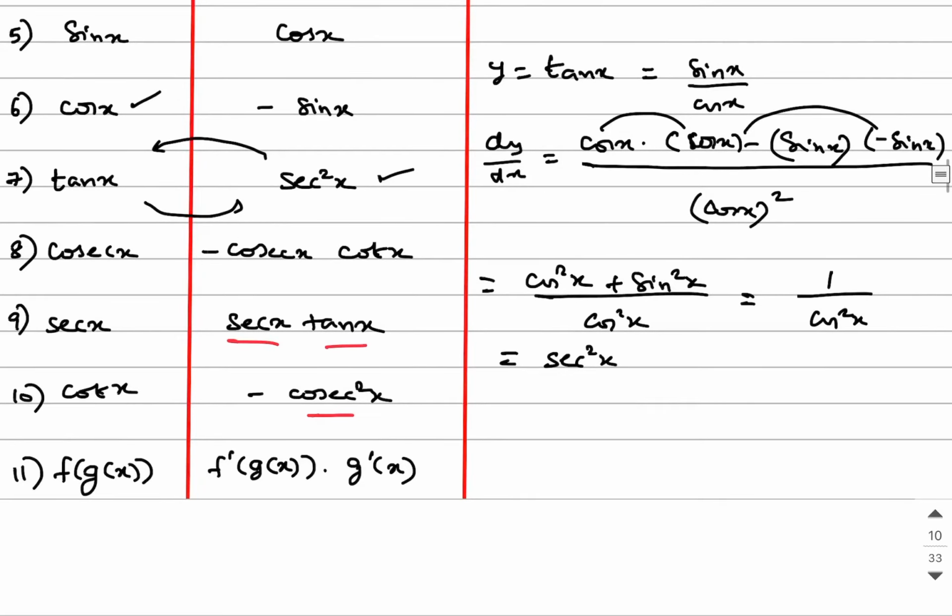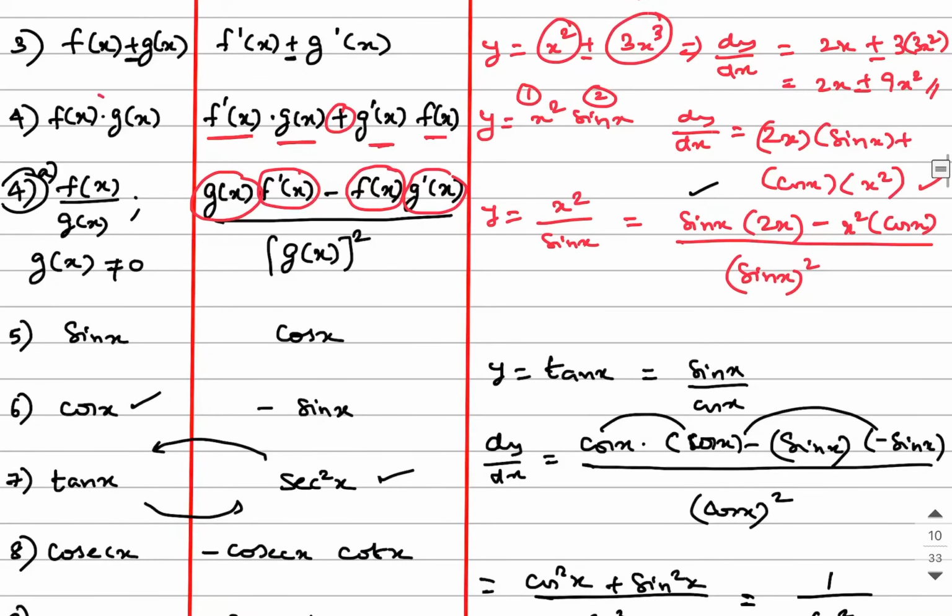And the last formula of all is f of g of x. One common confusion that exists is between f of x into g of x, that is, between this rule. Generally this rule is called the product rule, and this is called the quotient rule.